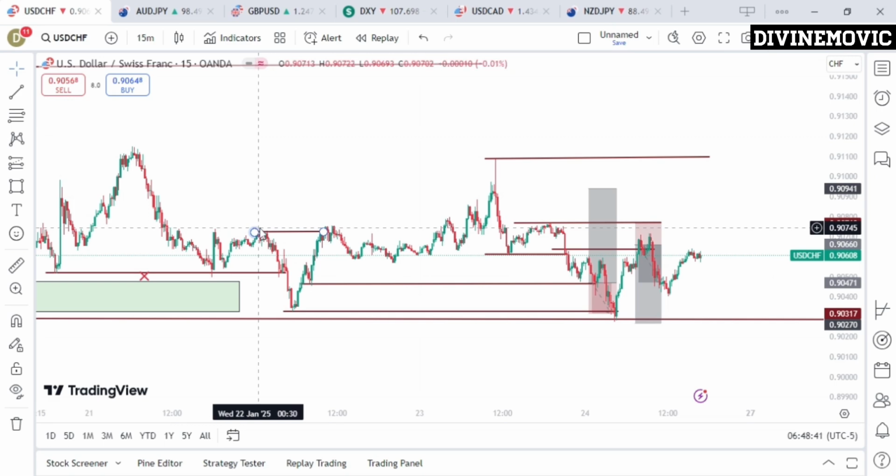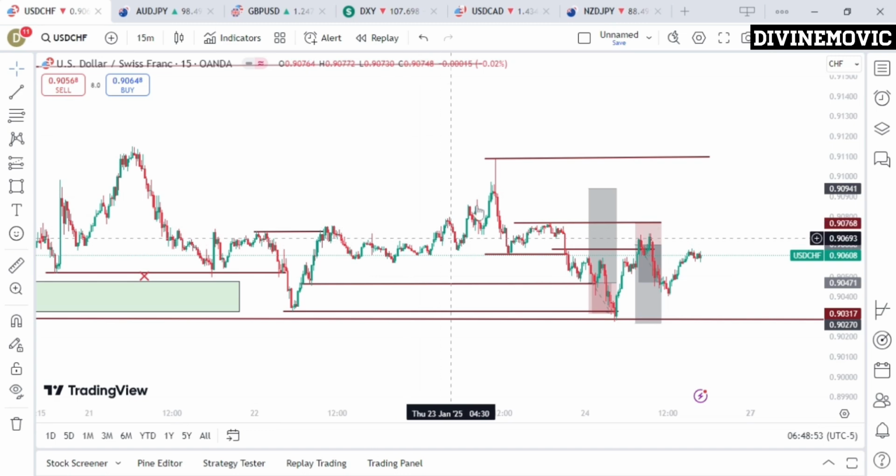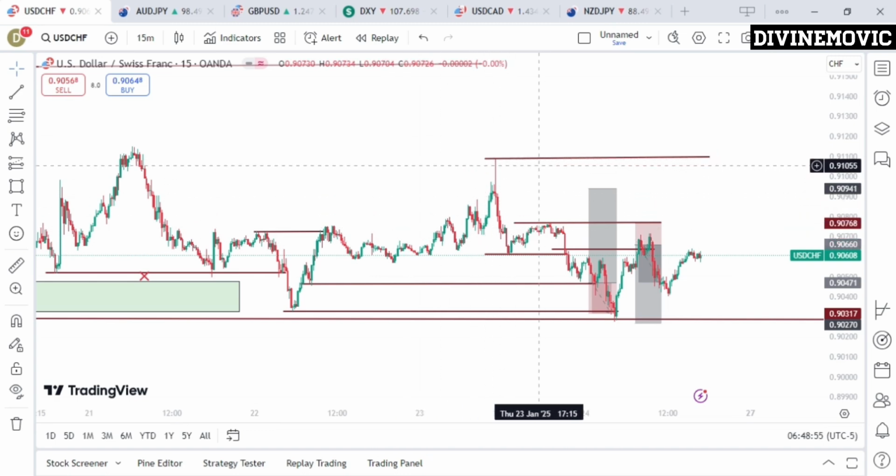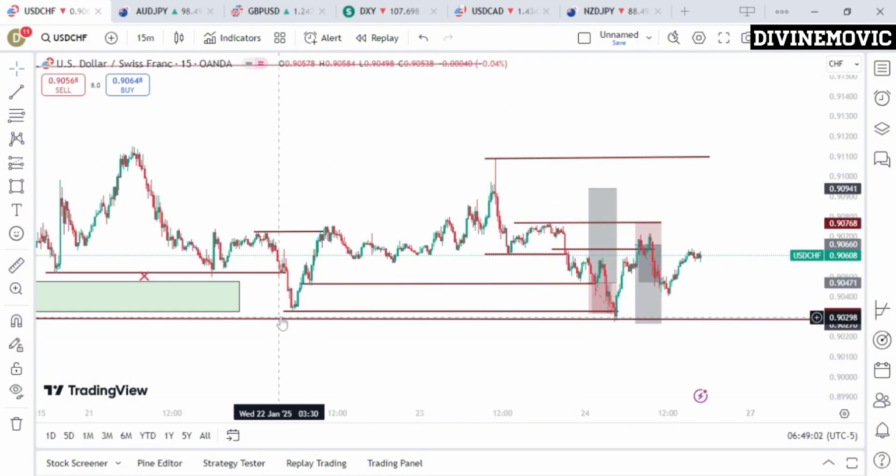And as you can see, this high was taken out by this low. So this place becomes my strong low, right? And when price took out this particular high, price simply moved to the upside and gave us this high here. So basically, this is the high and this is the low.